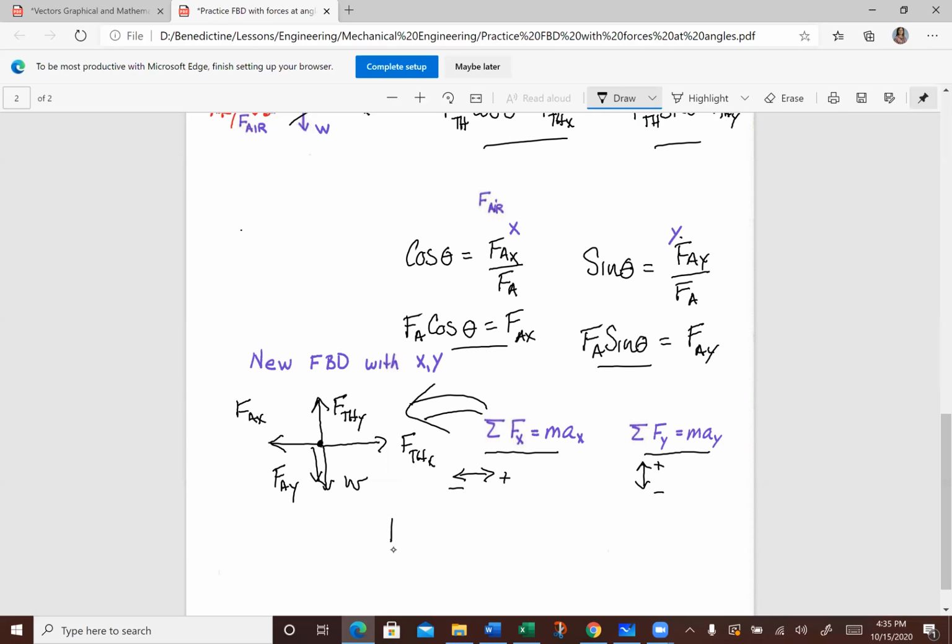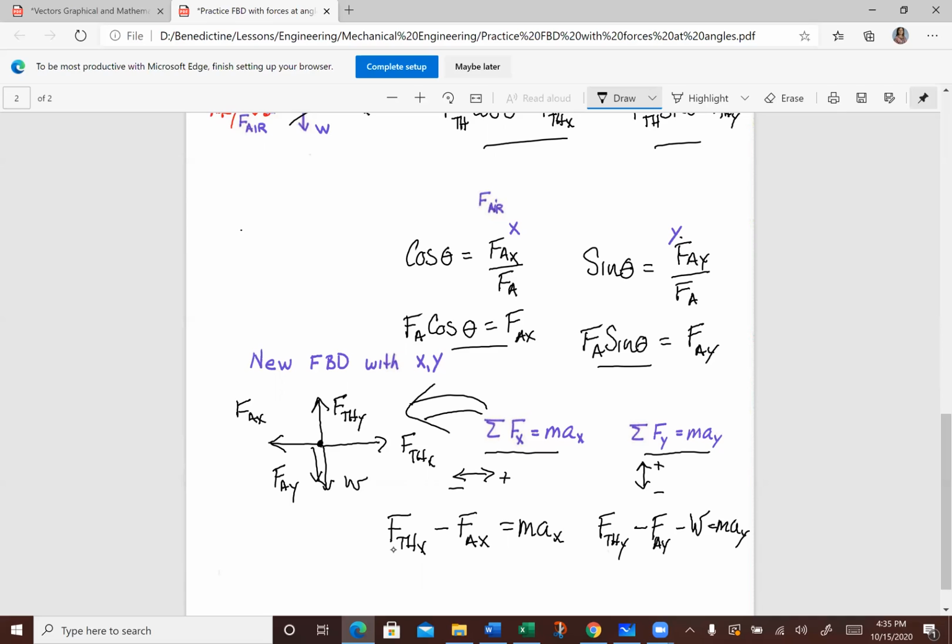So here it's going to be force thrust X minus force applied, or from the air, X, equals MAX. In the Y, we have force thrust Y going up, but the other two are going down. Force of the air Y minus W equals MAY. And those are all of our forces.